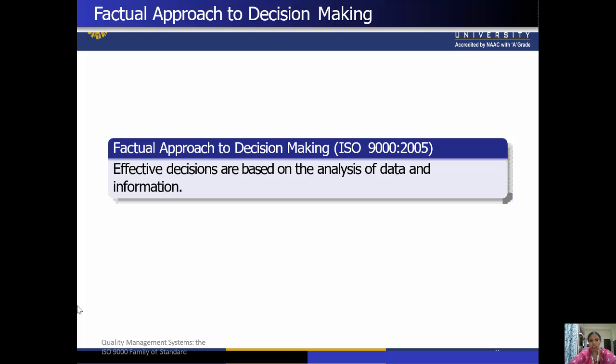If you want to deal with something where you have to take a decision, the decision will always be taken on the basis of analysis of data as well as the information which you have gathered. According to ISO 9000 2005, for effective quality management, the factual approach to decision making is very important, and it is related to the analysis of data and information.